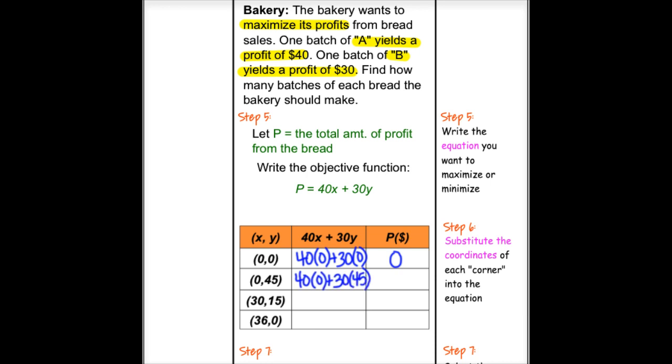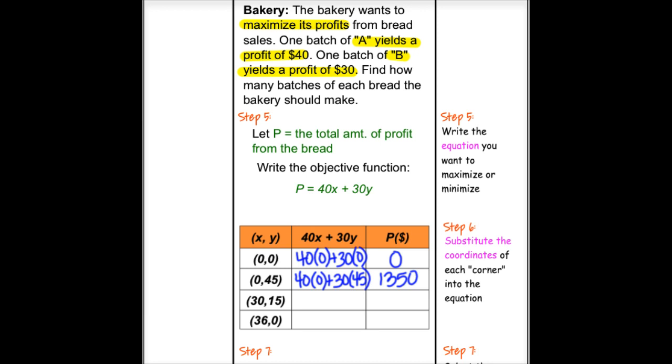And I know that 45 times 3 is 135 plus a 0, so 1,350, which is pretty good money, but let's try to see if we can make some more money.